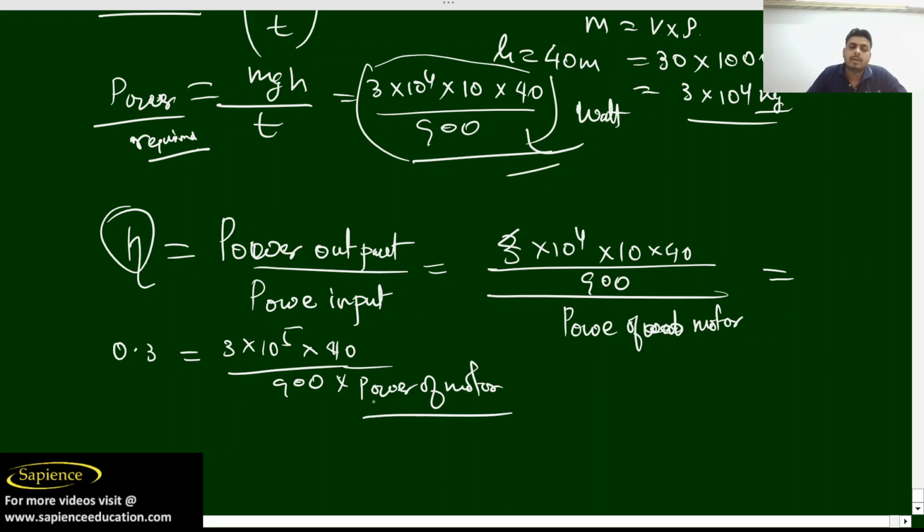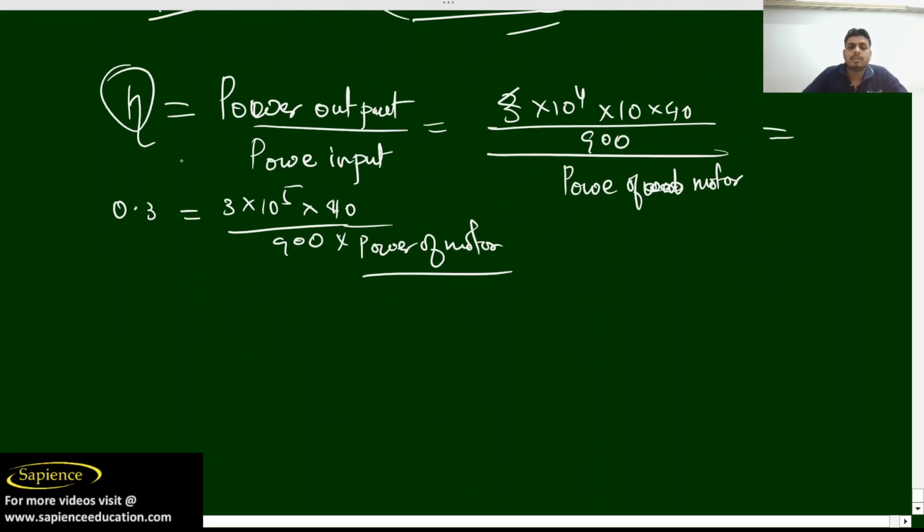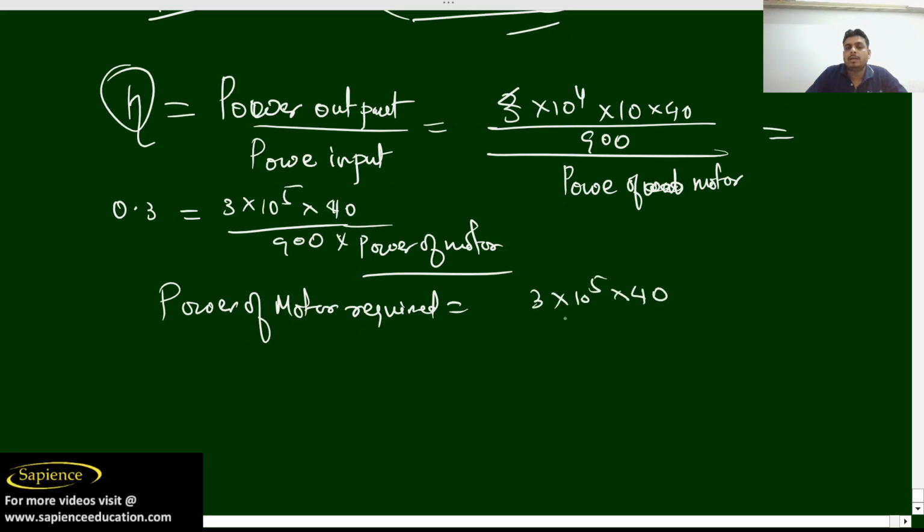From this equation we can write that the power of motor required is equal to 3 into 10 power 5 into 40 divided by 900 into 0.3. So the 3 gets cancelled out.